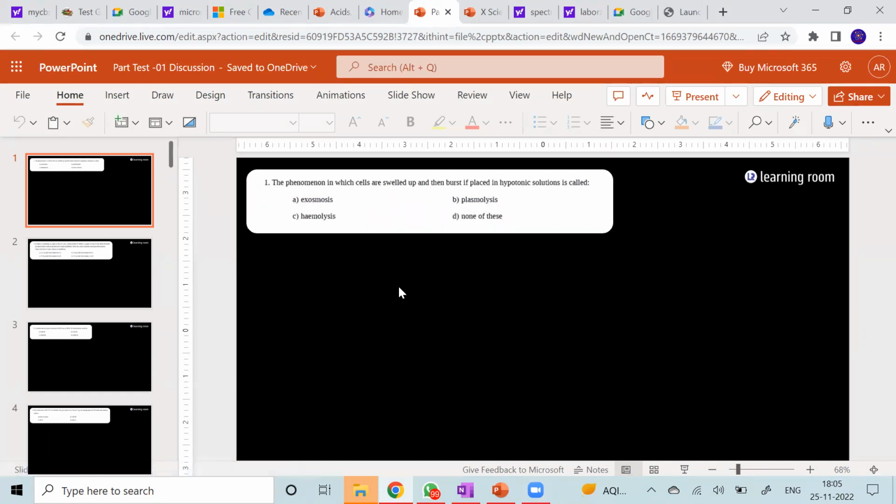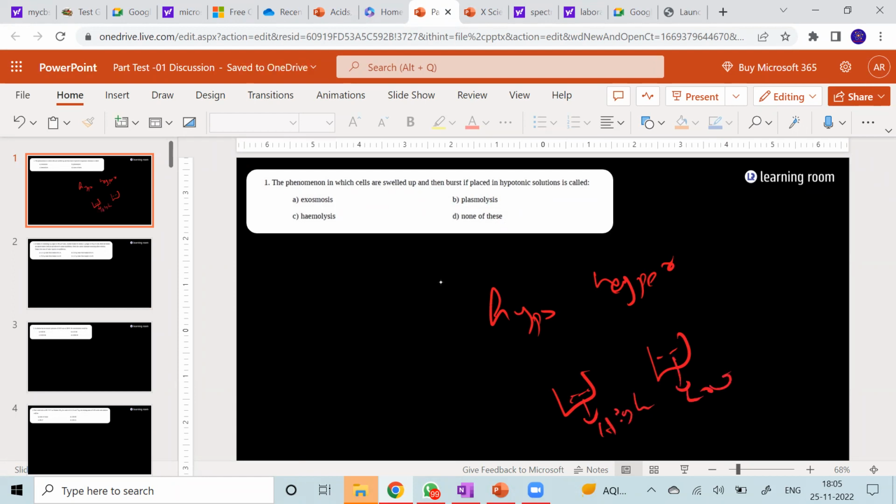Yes, sir. Okay. Right. The phenomenon in which the cells swell up and then burst when placed in a hypertonic solution is basically a hypotonic effect. When I say hypo and hyper, we are considering two solutions with high and low concentrations. Hypo means lesser and hyper means higher.